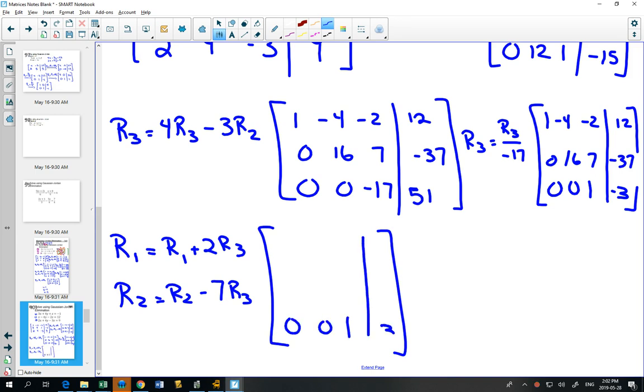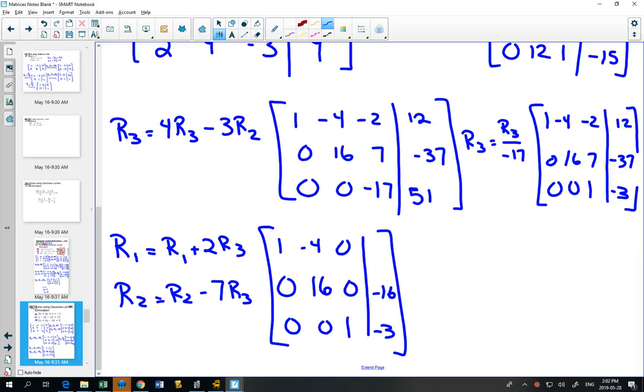0, 0, 1, negative 3. That doesn't change. And now I'm going to get 0, 16, 0. Row 2 minus 7, so that would be negative 37 plus 21, negative 16. And 1, negative 4, 0.